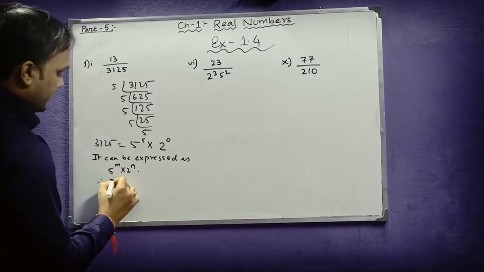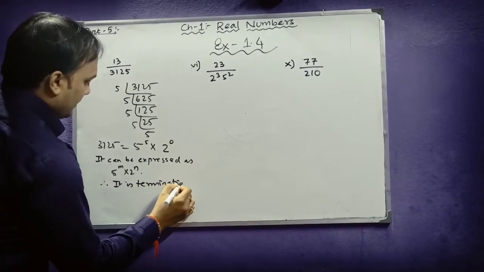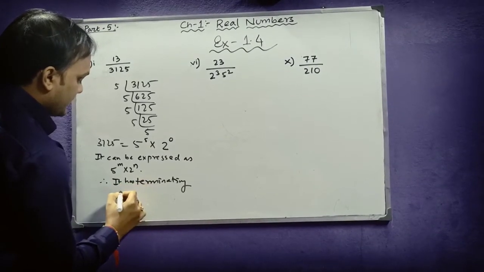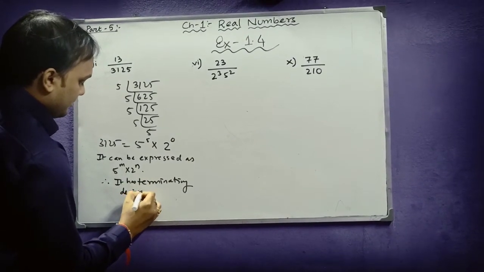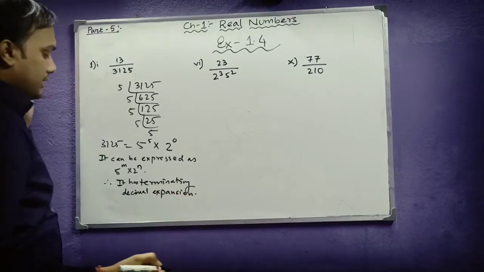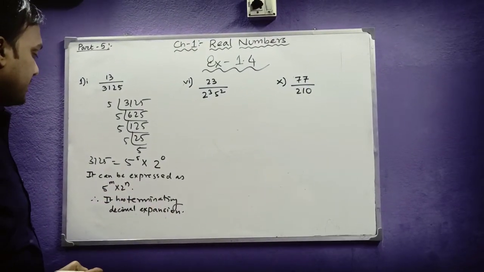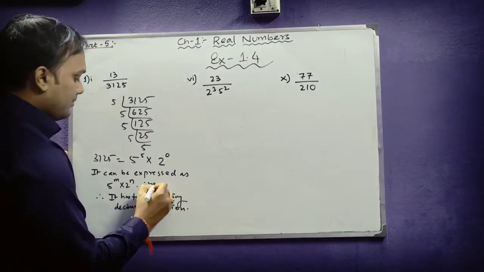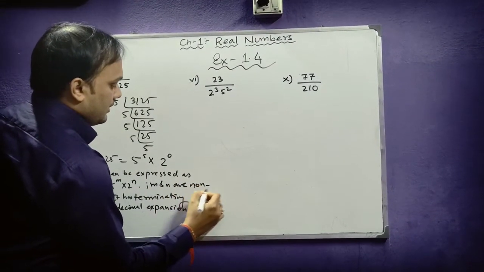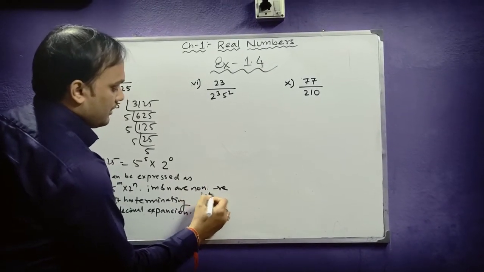Therefore, it has a terminating decimal expansion, as I can express this in this form, where m and n are non-negative integers.